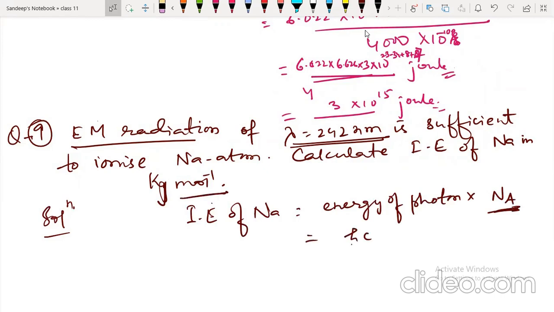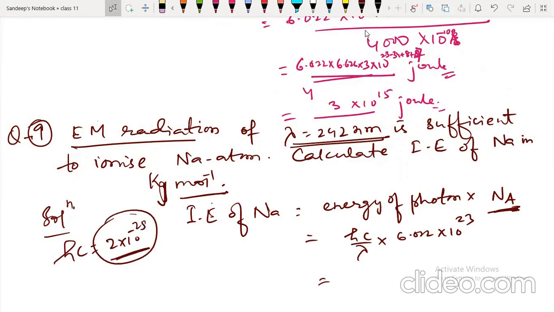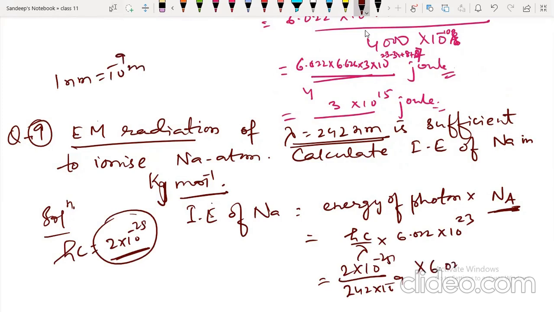So this will be hc by lambda into Avogadro number. So hc, you have to remember that hc product is 2 into 10 to the power minus 25. If you want, you can calculate it. So 2 into 10 to the power minus 25 by lambda is 242 into 10 to the power minus 9. 1 nanometer is equal to 10 to the power minus 9 meter into 6.022 into 10 to the power 23. You can do the calculation.